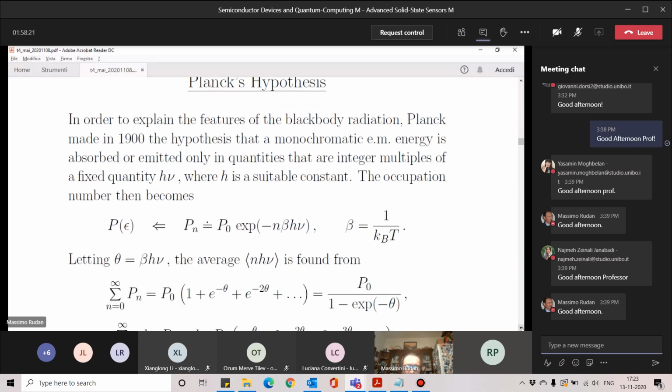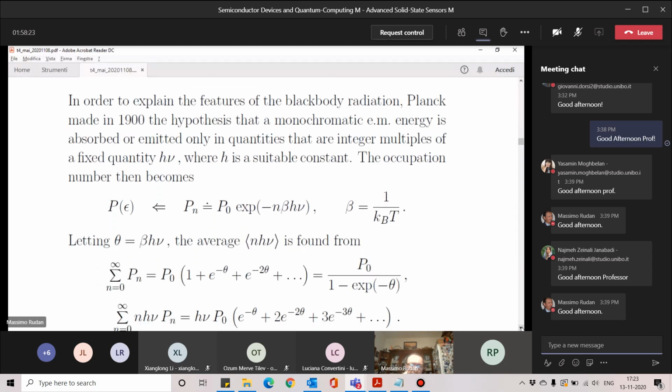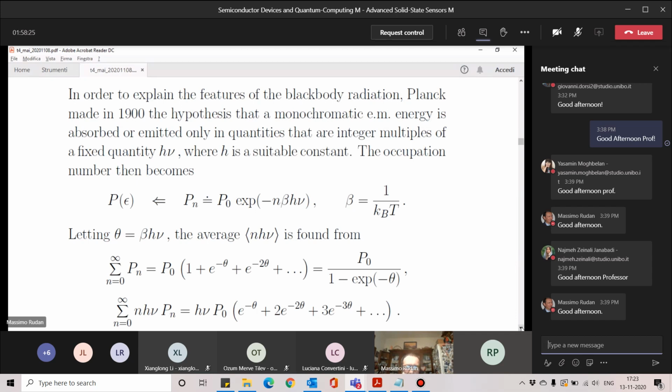Okay, this is it. The calculation is really simple. Instead of a distribution of the form P of epsilon, we assume a distribution that has the same functional dependence on energy as before. It is an exponential.